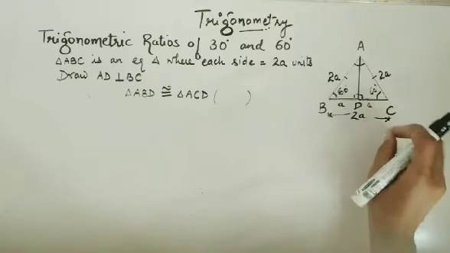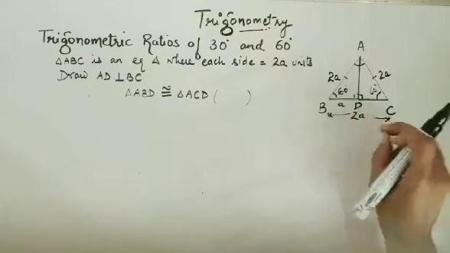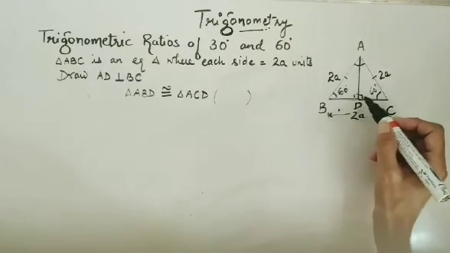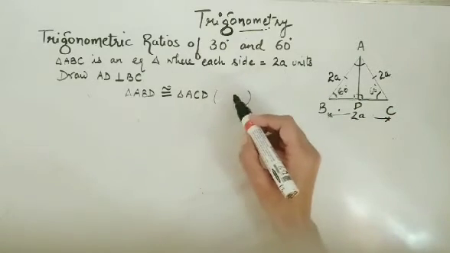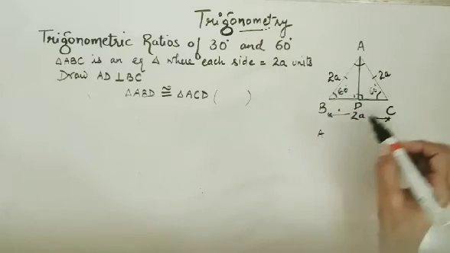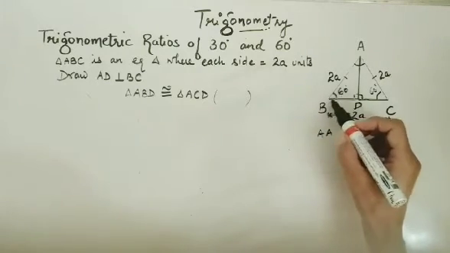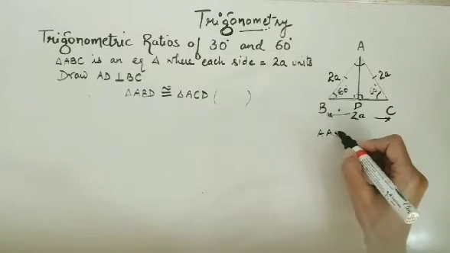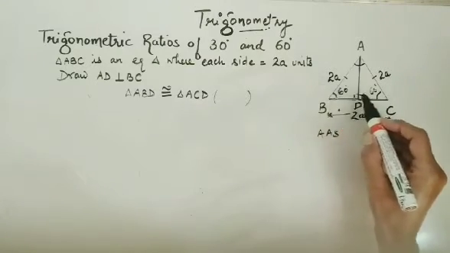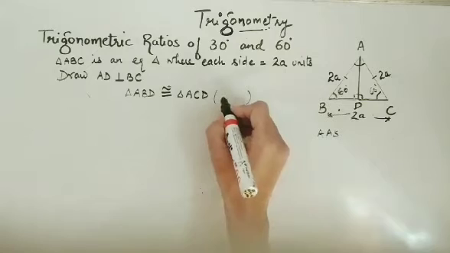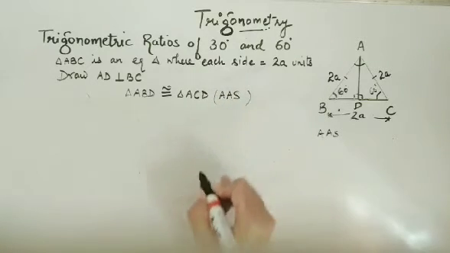Since perpendicular is made, 90-90 angle, that's the first one, that's angle. Another is angle B and angle C 60, another angle. And then AB is equal to AC. They are sides of equilateral triangle. AD equals AD, that's a common side. So both the ways has given us AAS rule.